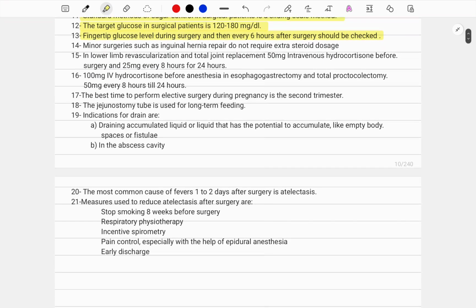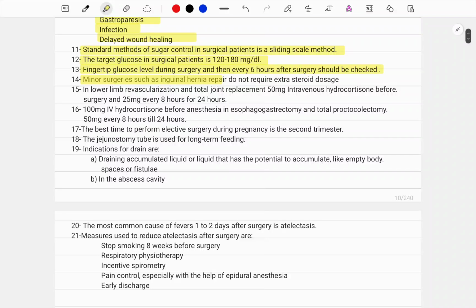Minor surgeries such as inguinal hernia repair do not receive extra steroid dosage.